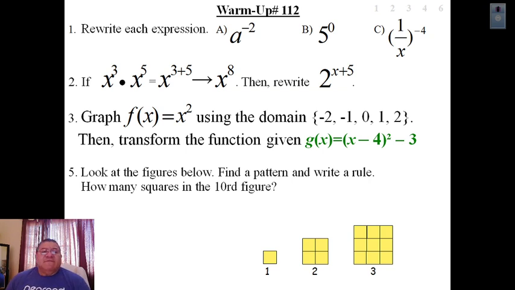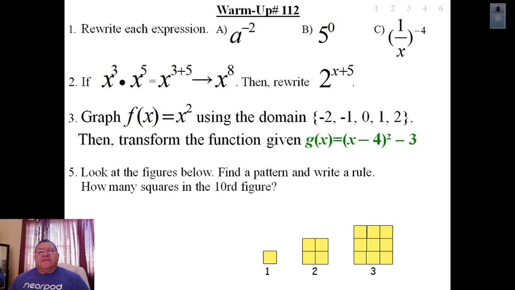Number 3, it says graph f of x equals x squared using the domain -2, -1, 0, 1, and 2. Then transform the function given g of x equals (x minus 4) to the second power minus 3. And number 5, it says look at the figure below, find a pattern and write a rule.